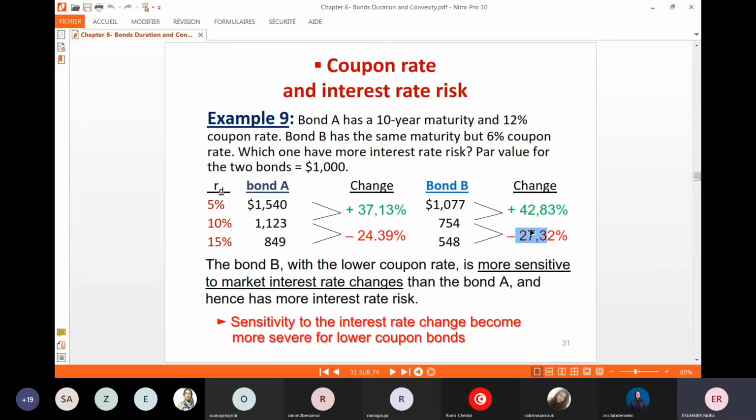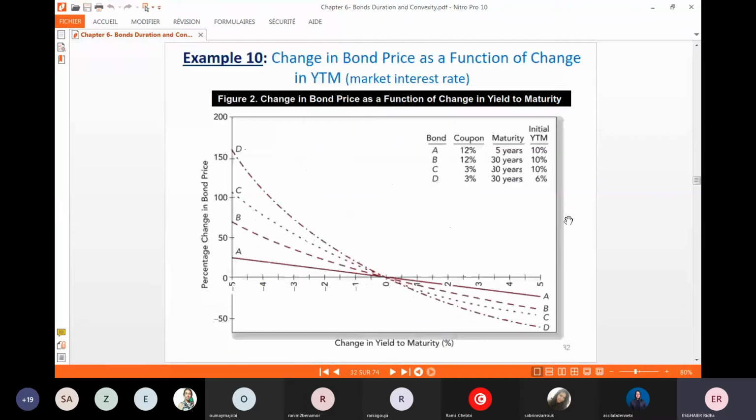Let's see other things. Here we compare 4 bonds A, B, C and D, and we see the impact of a variation in market interest rate on their prices. Bonds A and B are identical in their coupon rate. Both have a 12% coupon. Both have the same initial yield to maturity when they are issued.